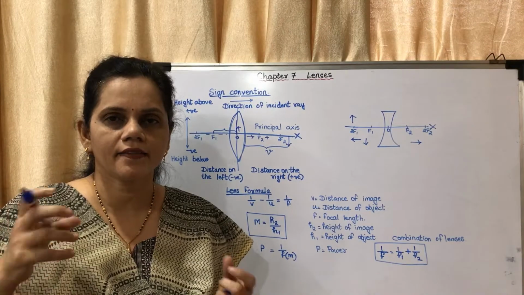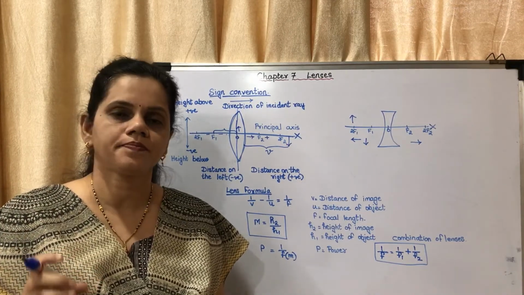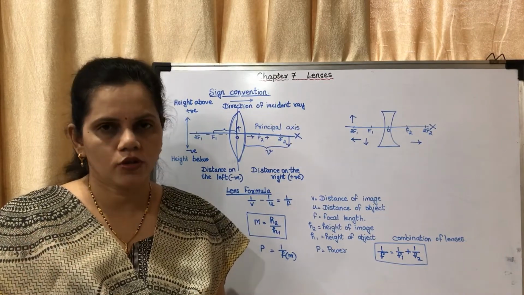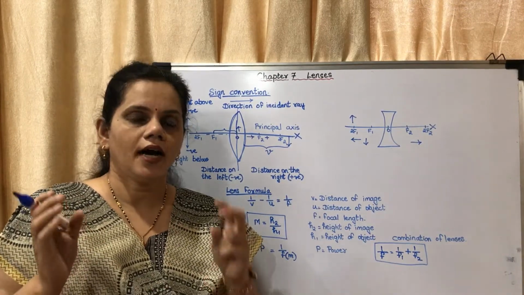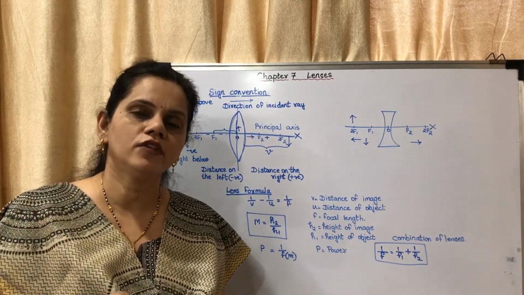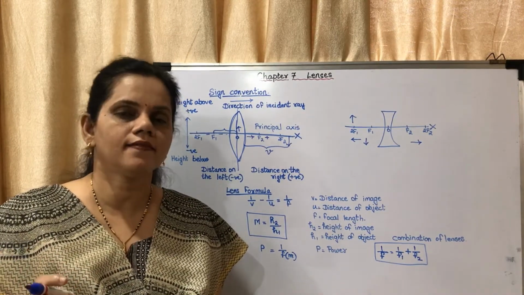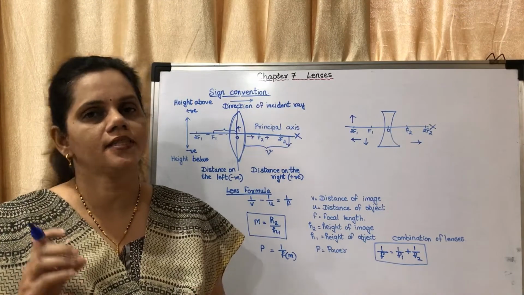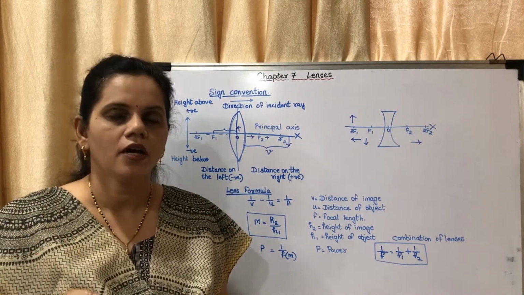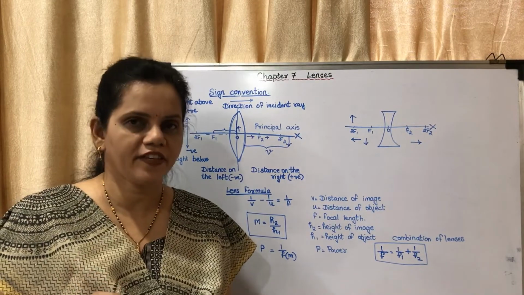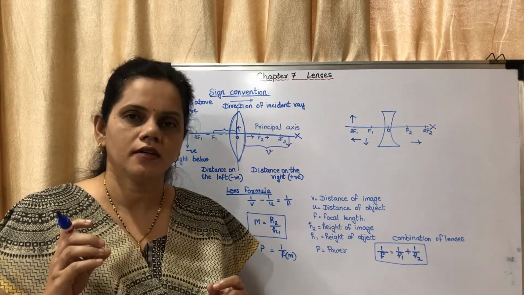Magnification could be negative or positive. That means it could be less than 1 or more than 1. Means the height of the image and height of the object won't be the same always. There is one condition when height of the image and height of the object is the same. So according to that we may calculate the magnification of the image.